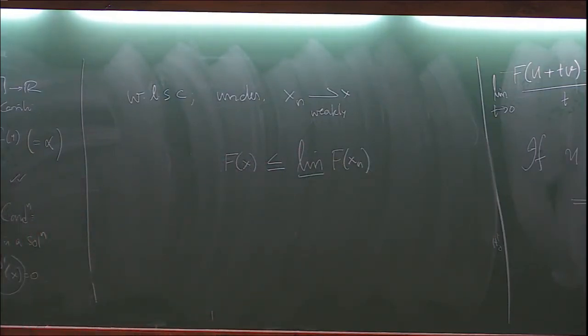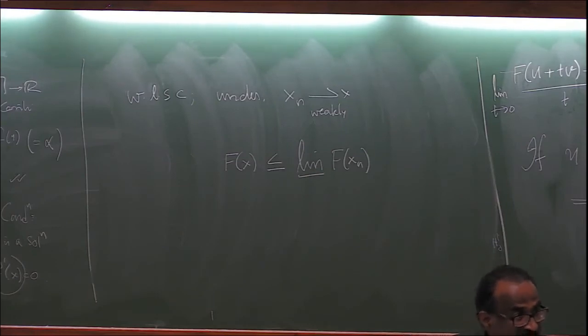Earlier, in strong lower semi-continuity, Xn converges to X strongly, and you are concluding this. But now, you are concluding the same thing with a weaker topology. So that is called weak lower semi-continuity. Please keep that in mind all the time. Weak lower semi-continuity is a strong notion.